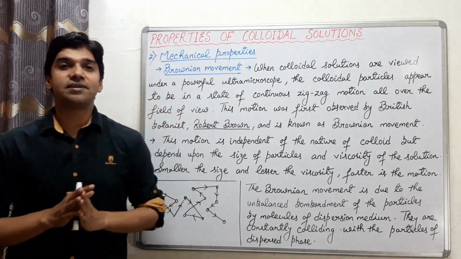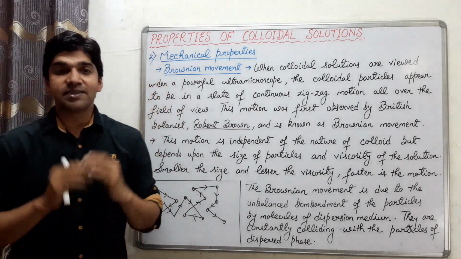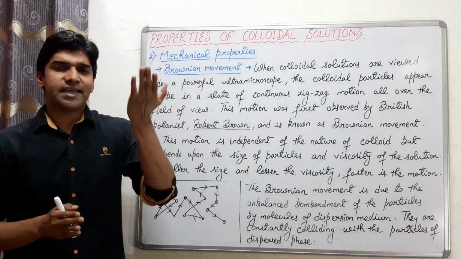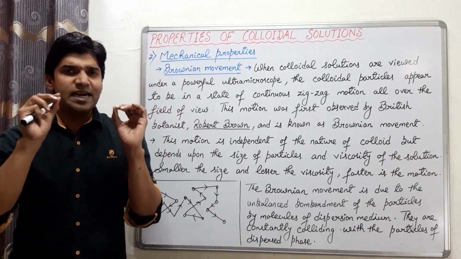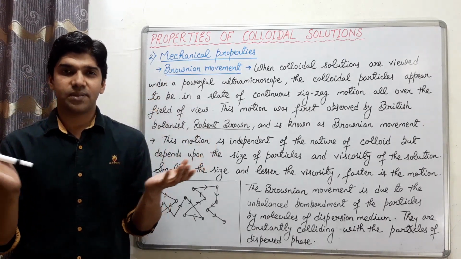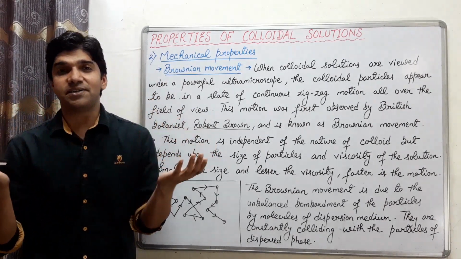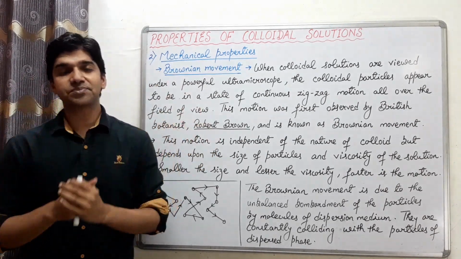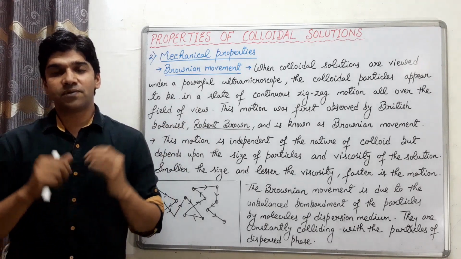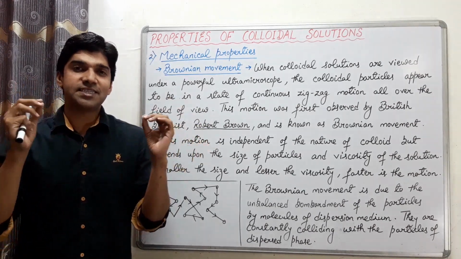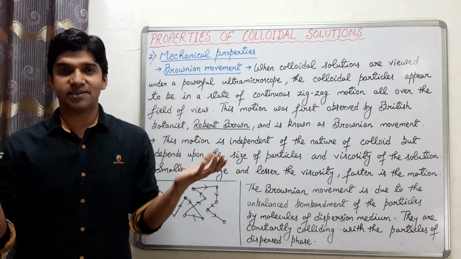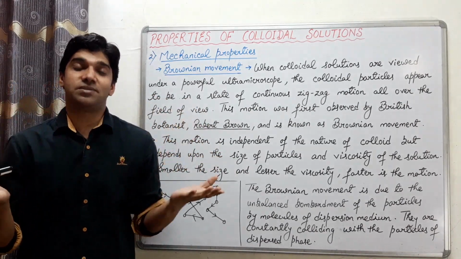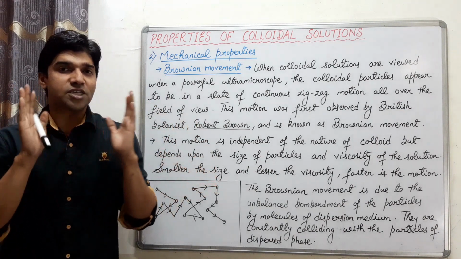एक और property है under mechanical property, that is sedimentation. So the particles of colloid, they will settle down at very slow rate under the influence of gravity. So we can say that the property of sedimentation in case of colloidal solution is of very very slow rate, because the solution is stable. ठीक है? मेन हम फोकस कहाँ कर रहे हैं?